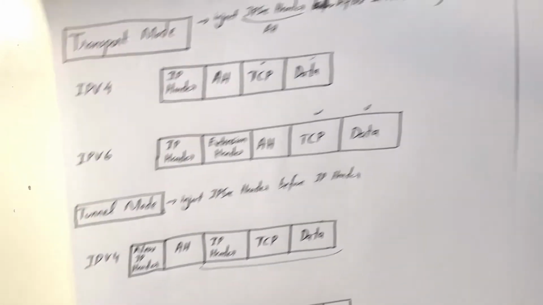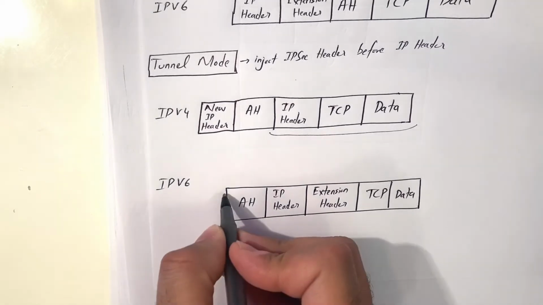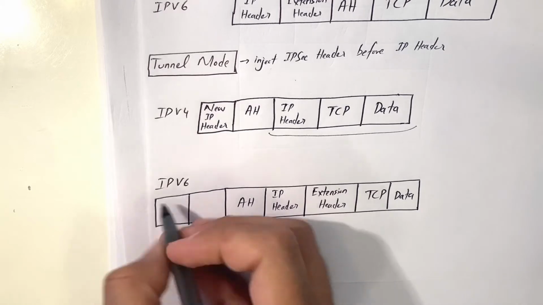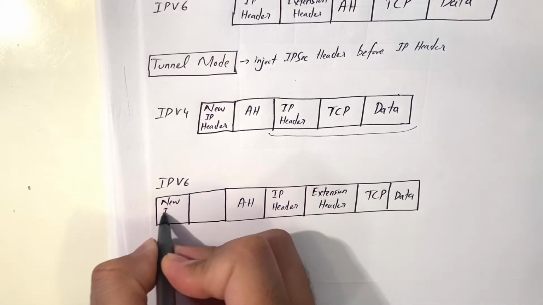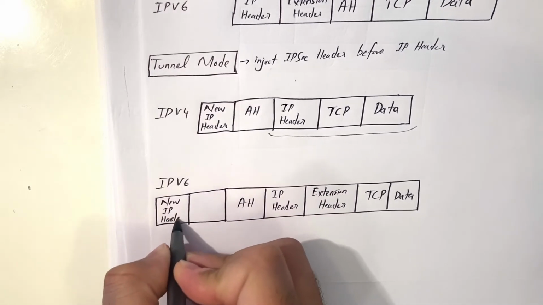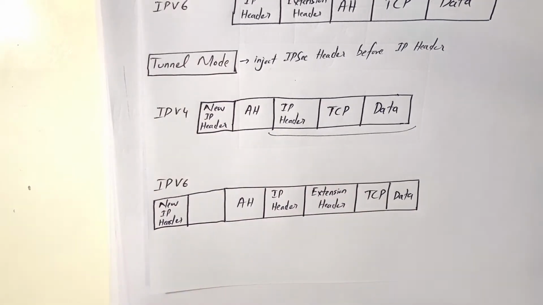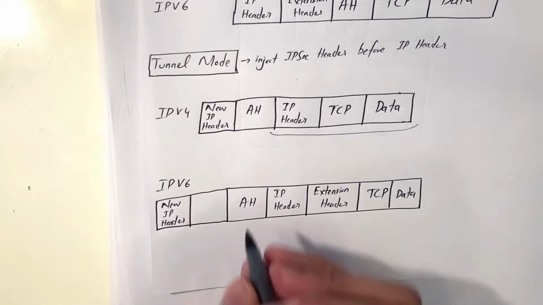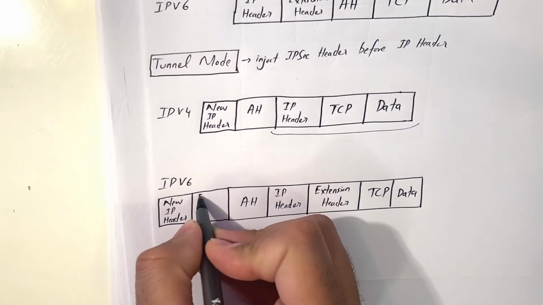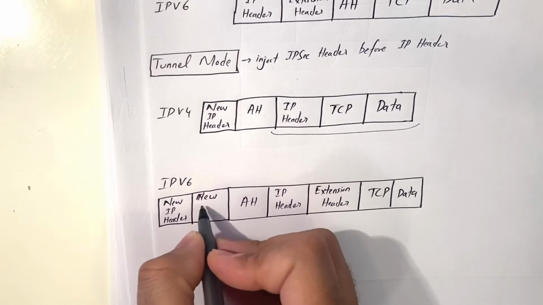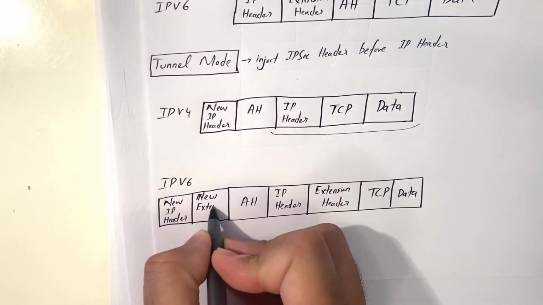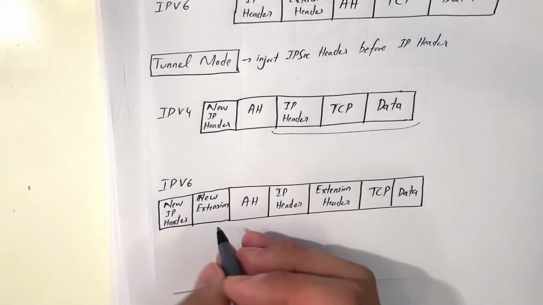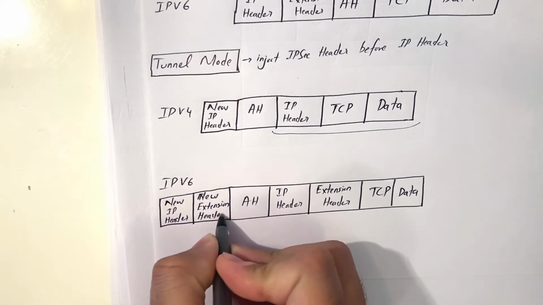Now the problem is, since it's IPv6, before the authentication header, what do you think will come? Before that, a new IP header, because the data will get tampered, or you can say modified. The IP header will be automatically modified. So a new IP header is required, plus a new extension header, which will store the information about the new devices, because it's an IPv6 packet.